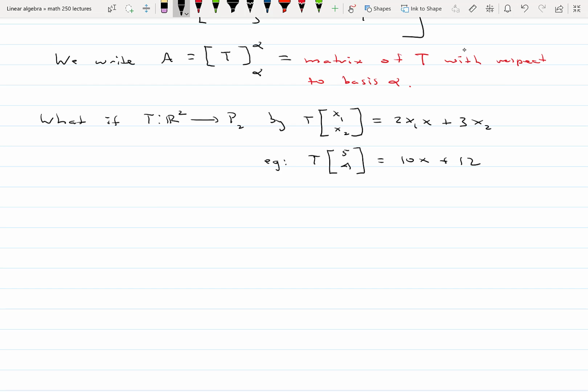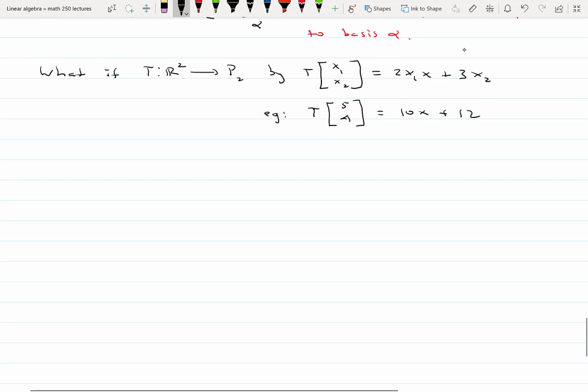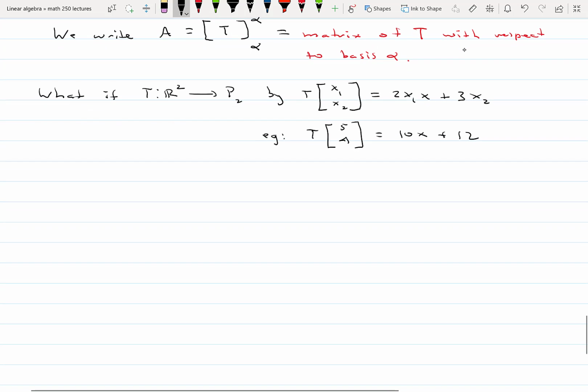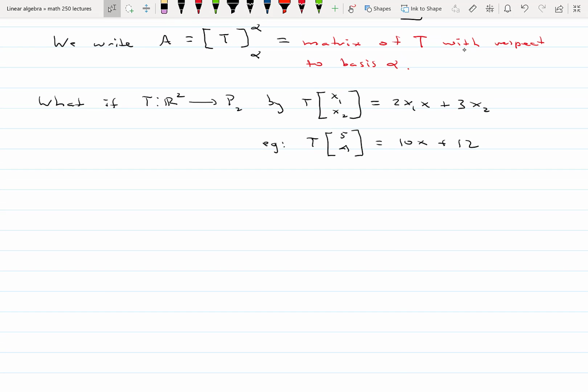So let's mimic what we did in the last example with this one. Let's see if we can derive some sort of matrix that defines this linear transformation.